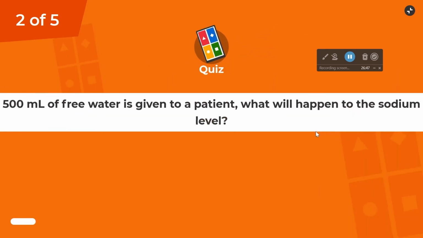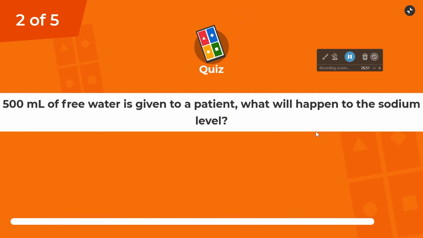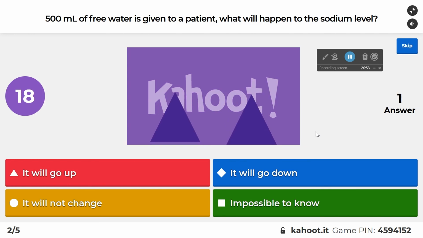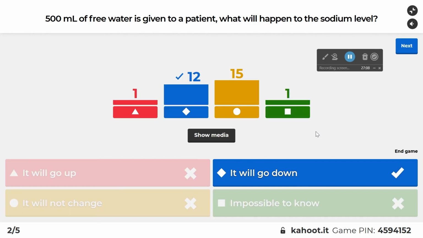All right. 500 mLs of free water is given to a patient. What will happen to the sodium level? Okay. So if we give free water, sodium will go down.